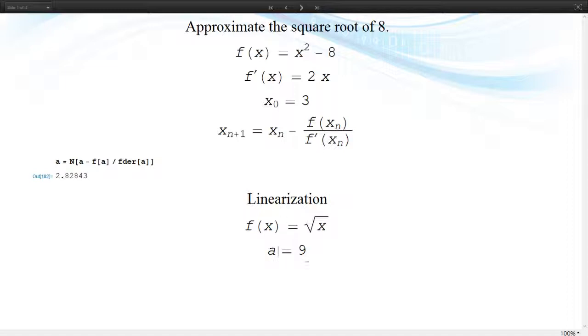We've picked our function, and we've picked the point where we're going to linearize. We find the tangent line to F at B, so we're going to have to use the derivative. F prime of x is equal to 1 over 2 times the square root of x.